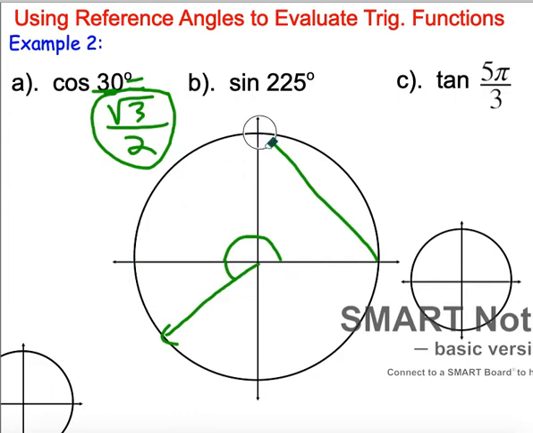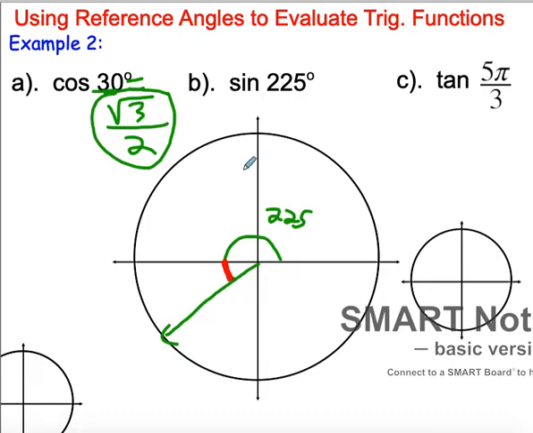The reason why we talked about reference angles is because that's how you evaluate these sine functions. So you actually use their reference angle to draw the triangle. So the reference angle here, if this is a 225-degree angle, the reference angle would be this right here, right?